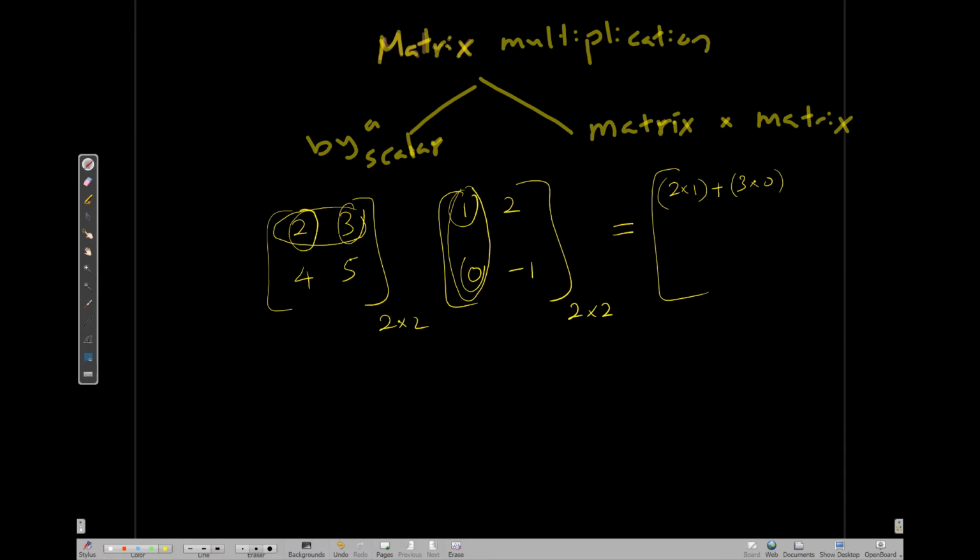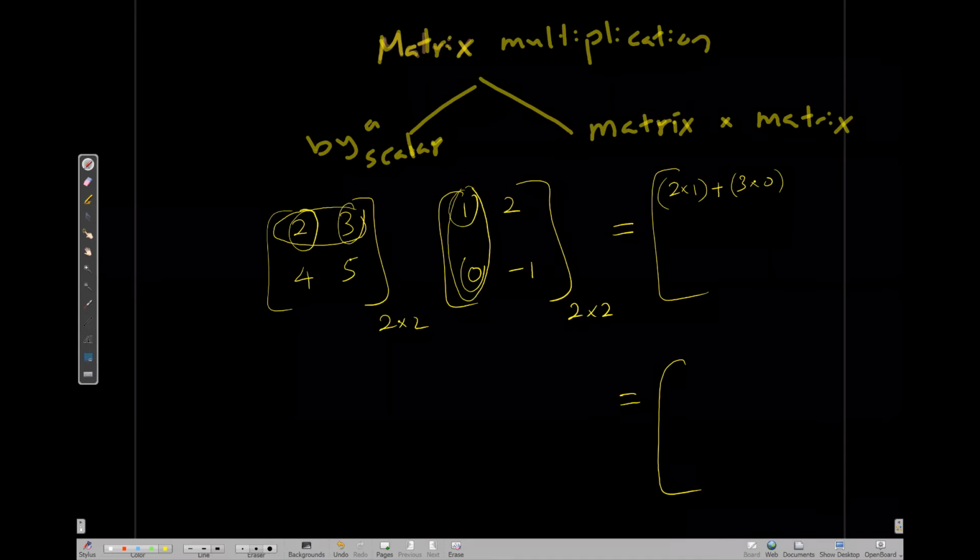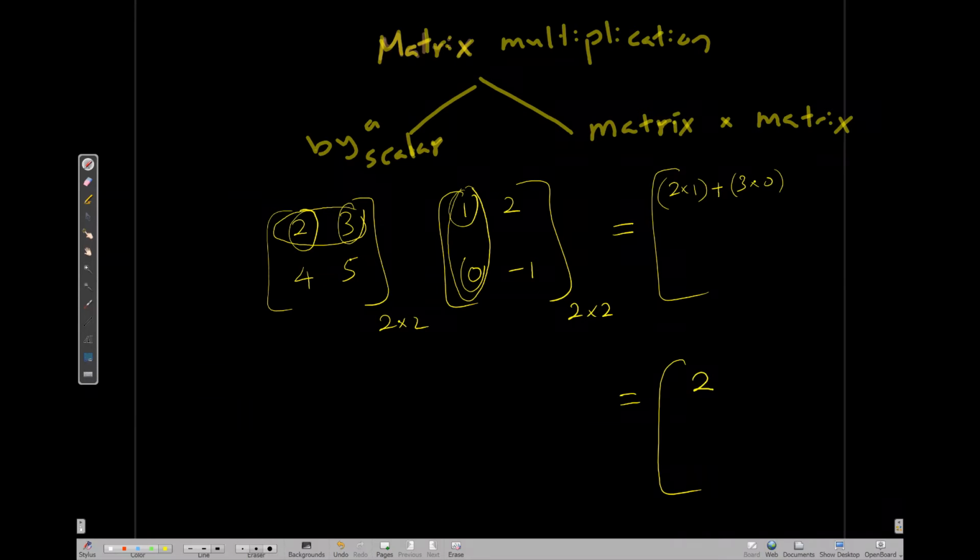Whatever that number is, you put it in the first place. That number is 2 times 1 plus 3 times 0, so it's just 2. So this place right here is the A11 entry, and that is coming from the first row and first column. See, that's the idea of matrix multiplication.